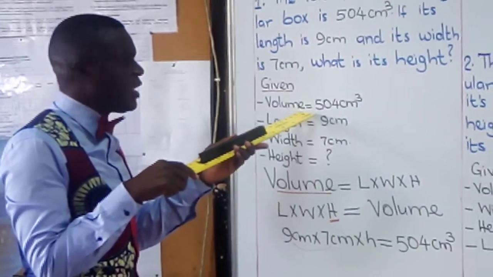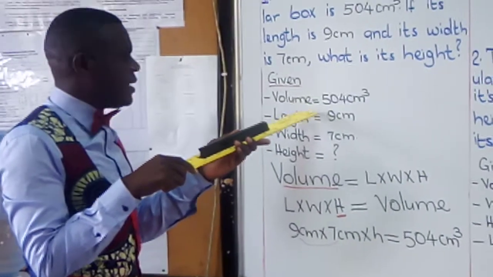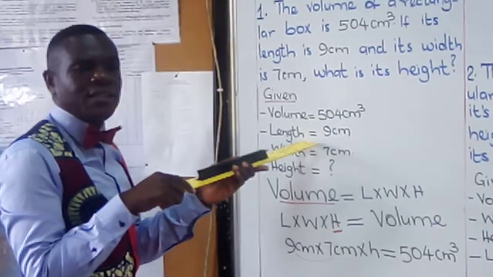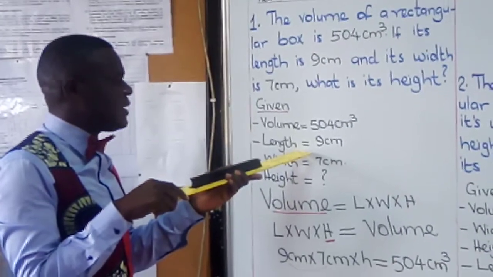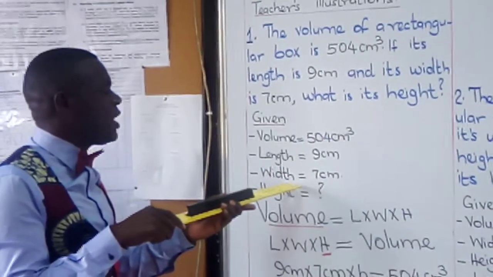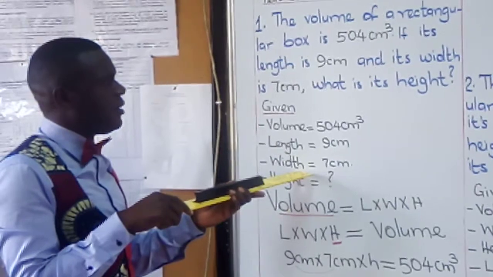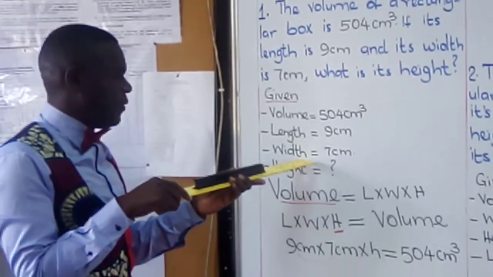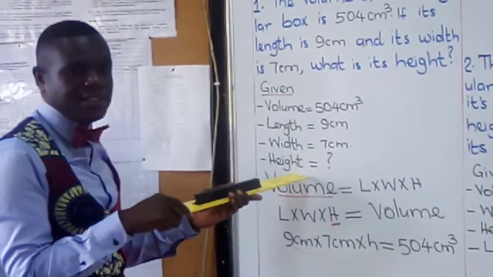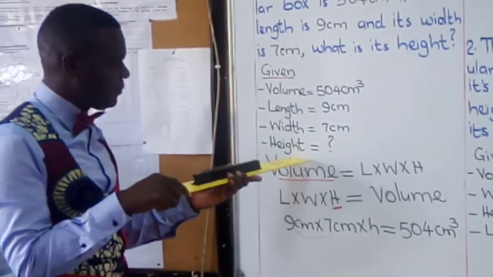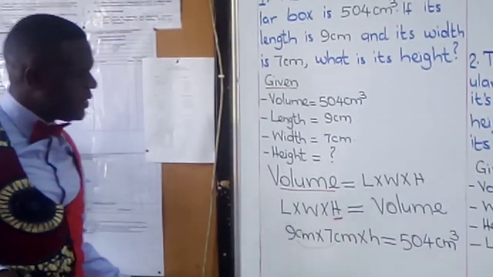Class, what else are we given? Yes, we are given the length. What else, class? We are also given the width. What are we being asked to find? We are asked to find the height. Thank you.